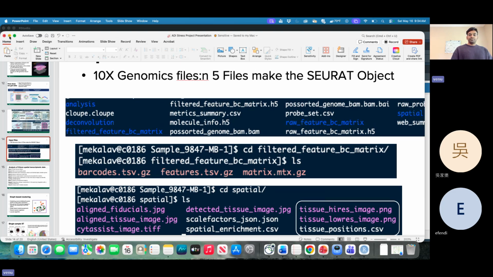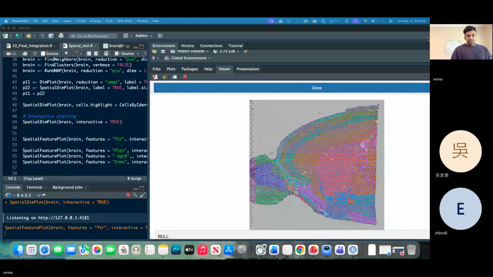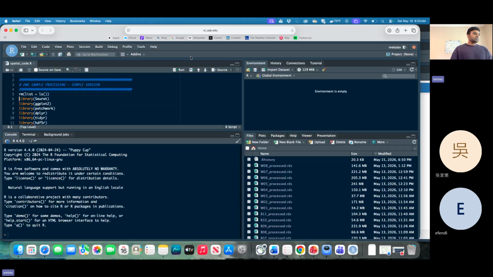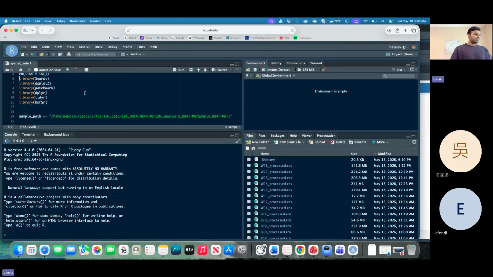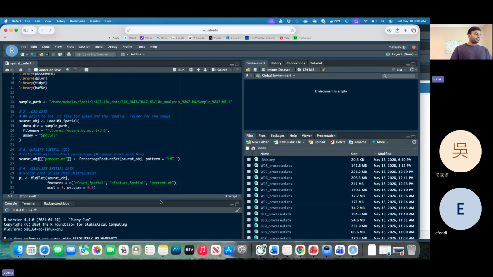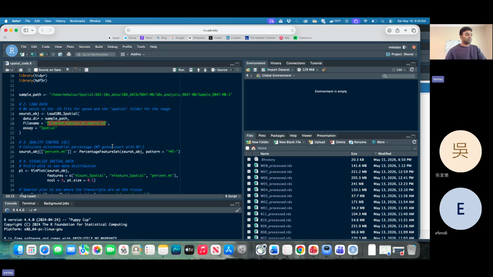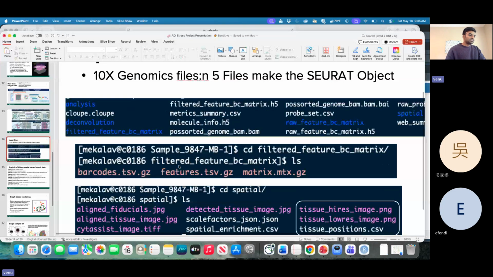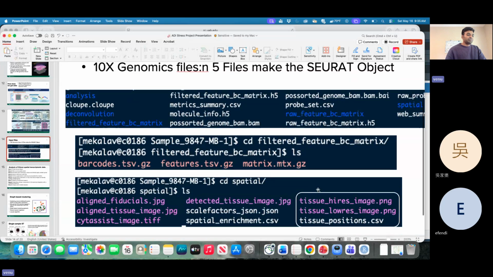So let me see my other code from my UAB. If I want to run all the information, it contains all the barcodes, features, matrix, and position.